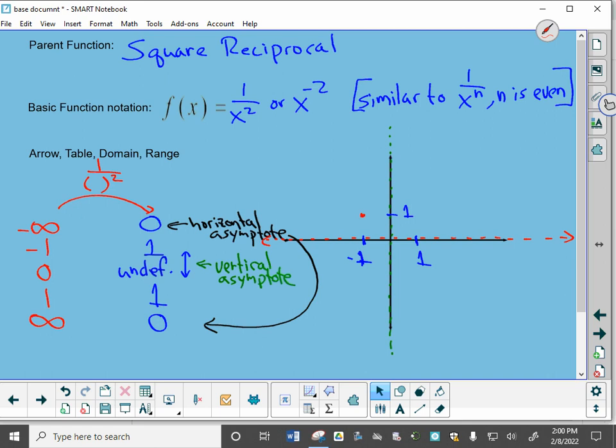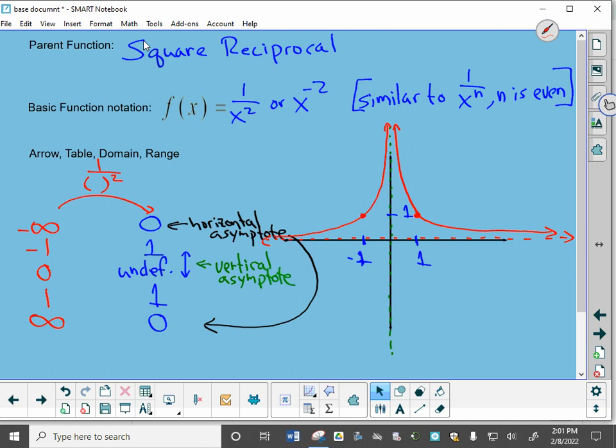I've got a point at negative 1, 1 and at 1, 1. And this starts down here close to the axis, goes up here, and then it cannot touch that point, so it goes up like that. And unlike the odd reciprocal function, just the 1 over x, this one stays always positive. So on the other side, it's like a mirror image across the y-axis.